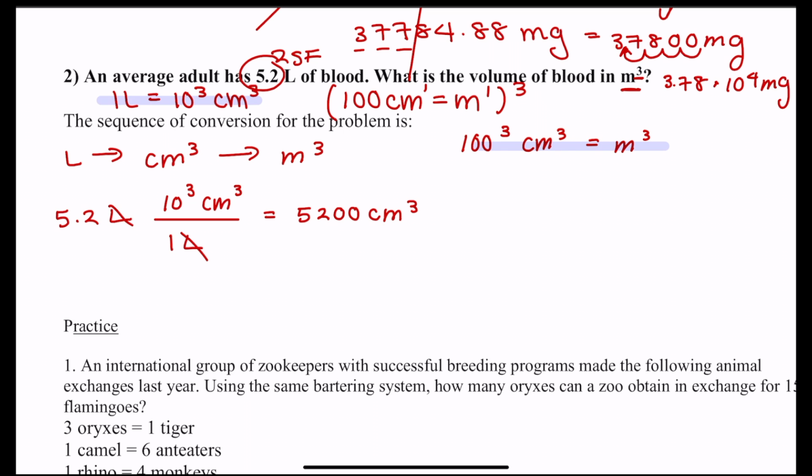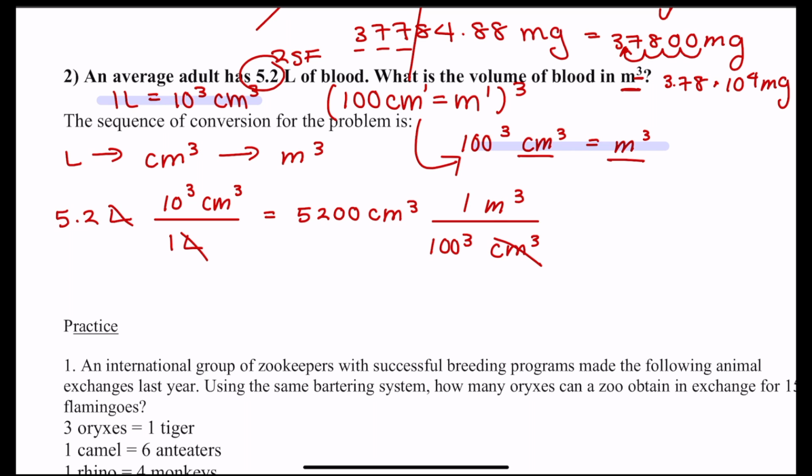Now, using this information, we can cancel out the centimeters cubed to get meters cubed by doing this. So 100 to the 3rd centimeters cubed equals 1 meters cubed.